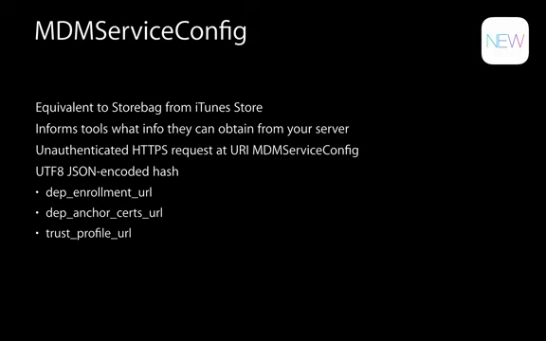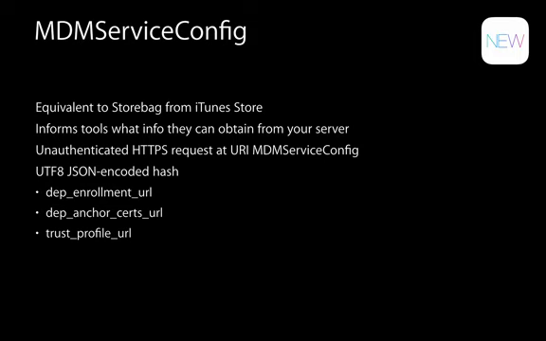We specified this new URI, MDM Service Config, that any tool could then make an unauthenticated HTTPS request to your server and ask it to provide, in a UTF-8 JSON encoded hash, for example, the URL for your MDM server's device enrollment program enrollment.